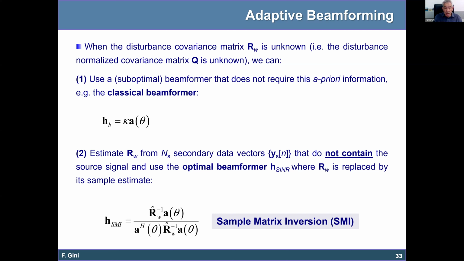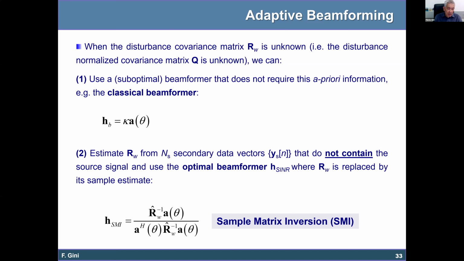Okay, we don't know Q. We implement the beamformer that does not require this a priori information. And clearly this beamformer is the classical beamformer.